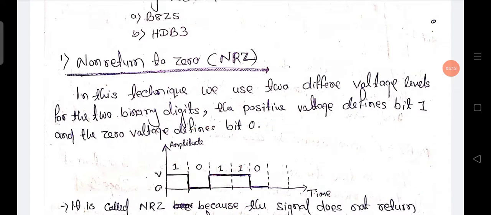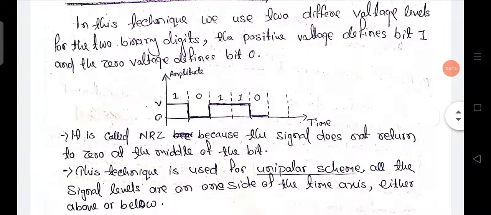Also, this non return to zero signal is for the unipolar scheme. Unipolar, in previous classes we have already discussed unipolar signal and polar signal.